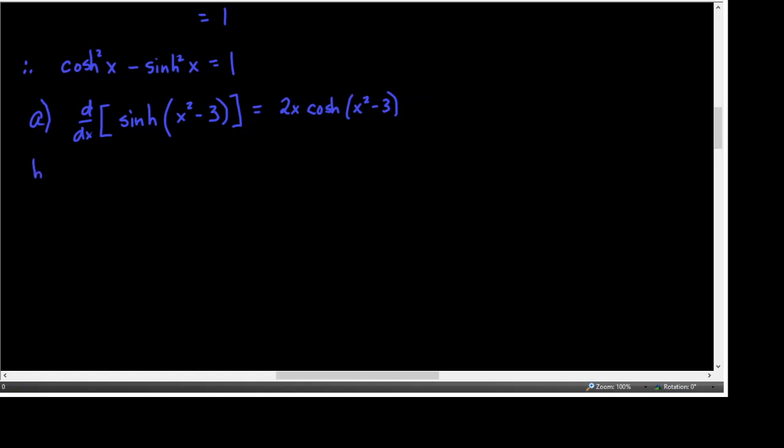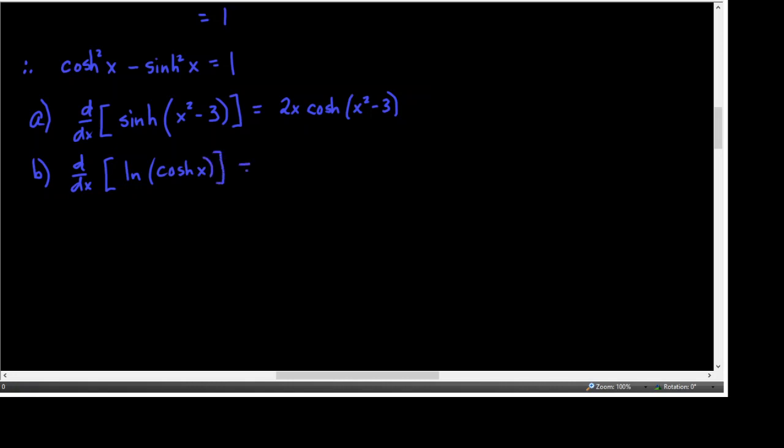All right, B. The derivative of the natural logarithm of a hyperbolic function, in this case hyperbolic cosine of x.